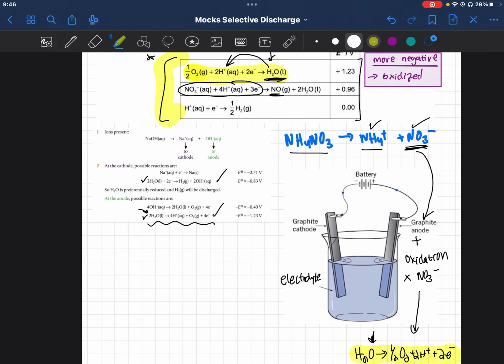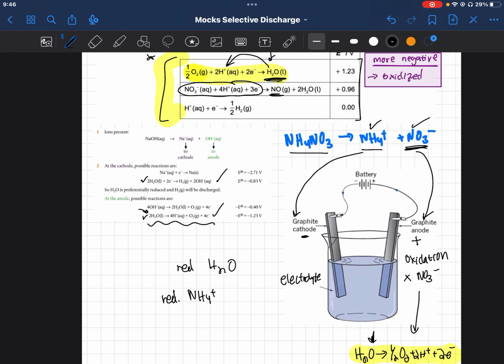All right, so now at the cathode, who would go to the cathode? Cathodes are negative in electrolytic cells, so my positive thing is going to go to the cathode. Great. And so I would have the reduction of H2O or the reduction of NH4+.